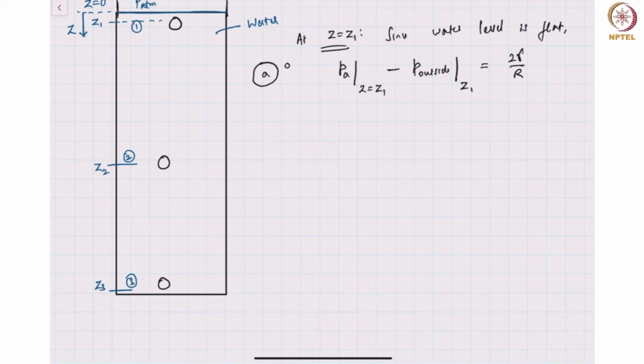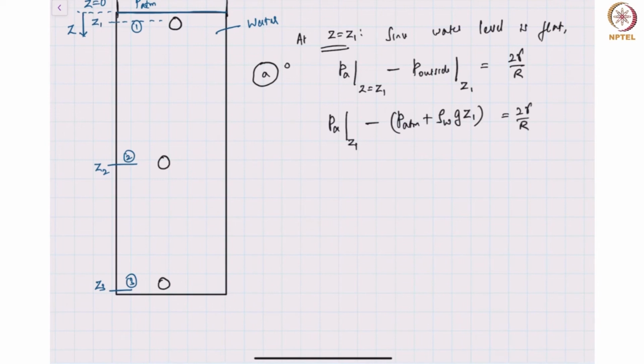There's air inside and outside. Clearly the pressure outside is atmospheric pressure plus rho g z1. We have to be careful that this rho is the density of the water. This will be equal to 2 gamma by r.